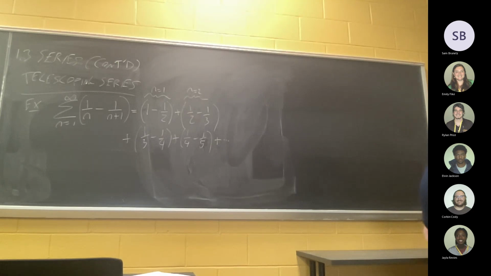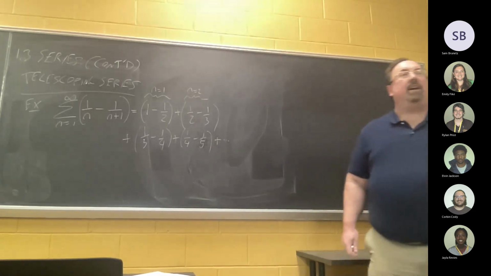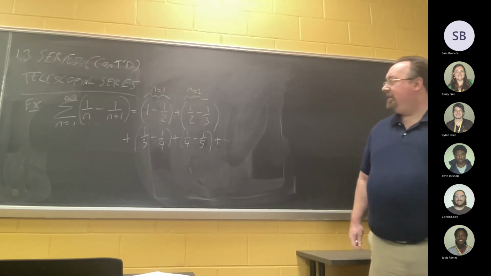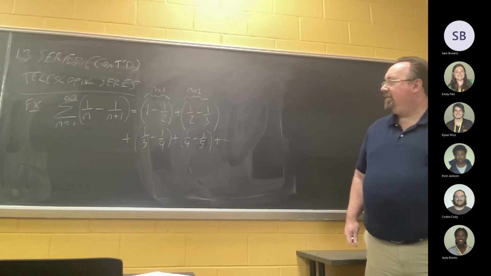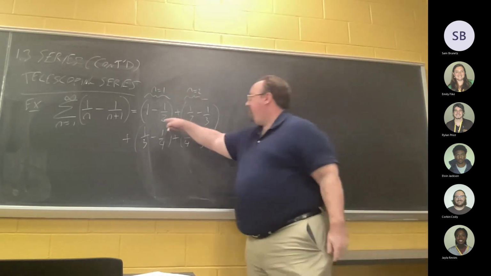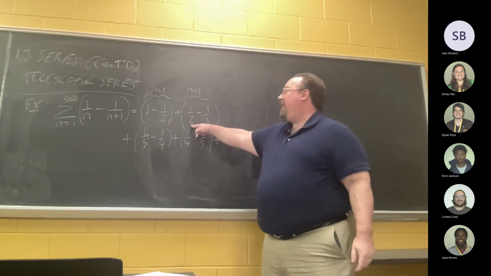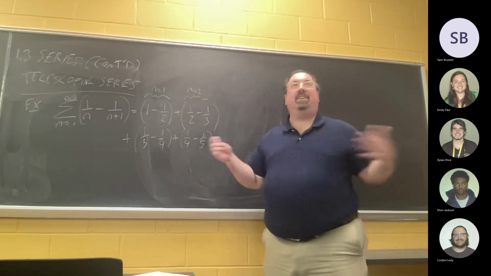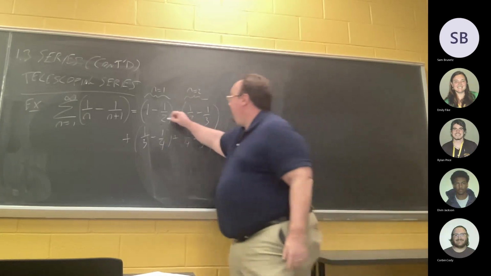Looking at these numbers, can you tell me how this can be simplified? Yeah. Like the second term of one of the parentheses cancels out with the first term of the next one. Yeah, so this minus 1/2 cancels out with this plus 1/2. This minus 1/3 cancels out with this plus 1/3. Cancellation all over the place.